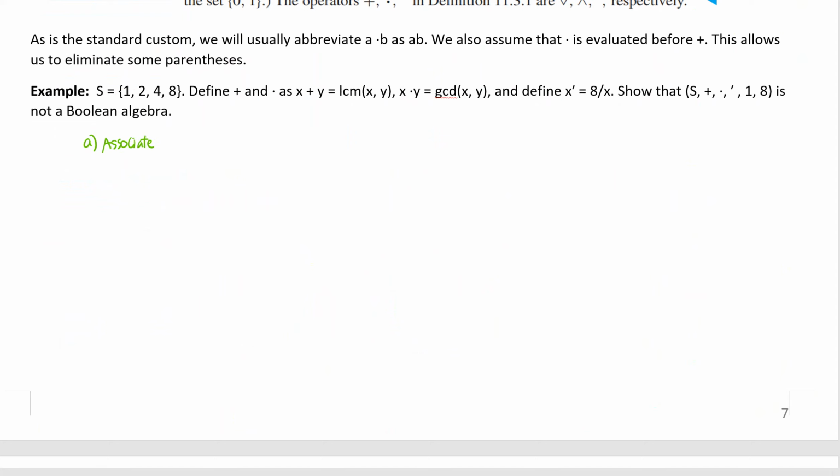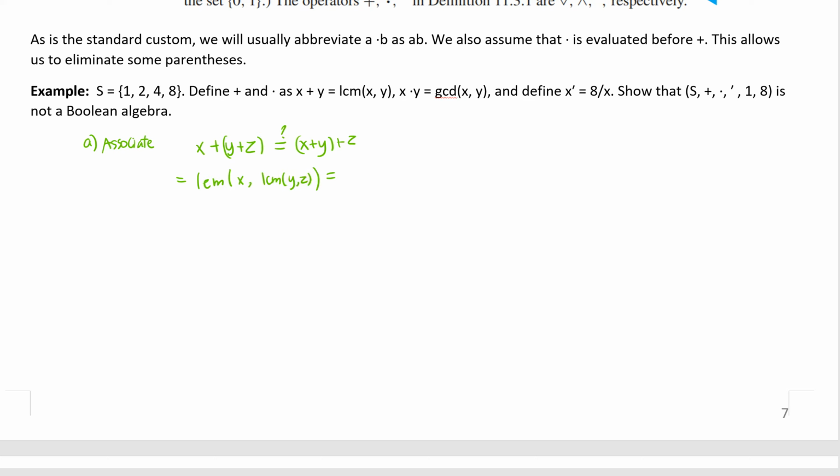Okay, so what is associative law? We want to have (x + y) + z equals x + (y + z). But what is this? Well, this is the LCM of x and the LCM of y and z.